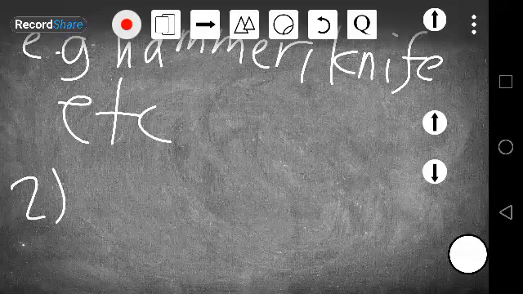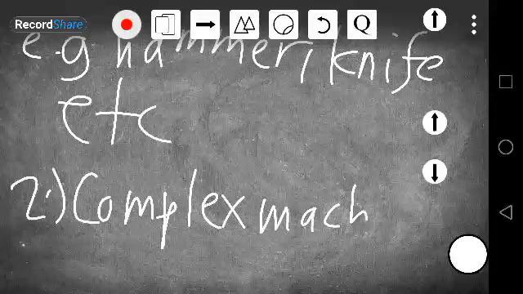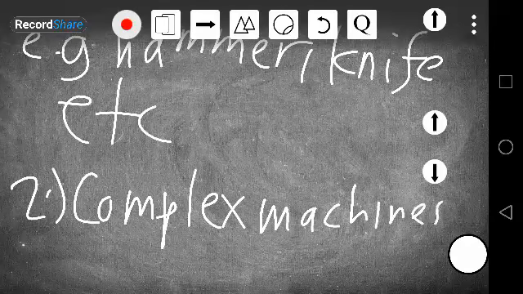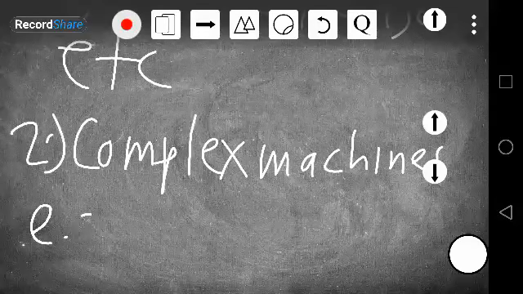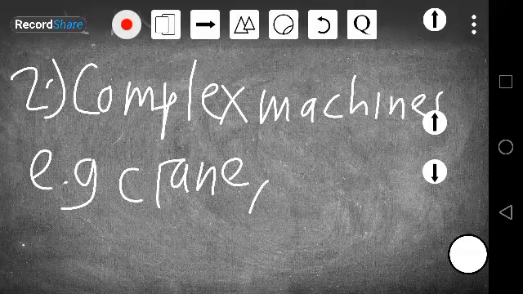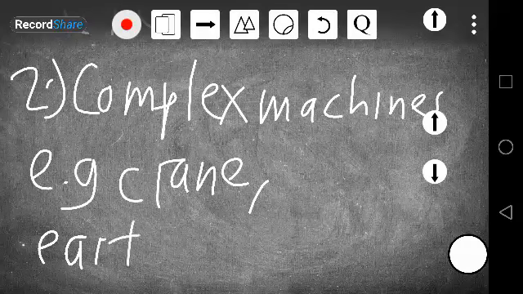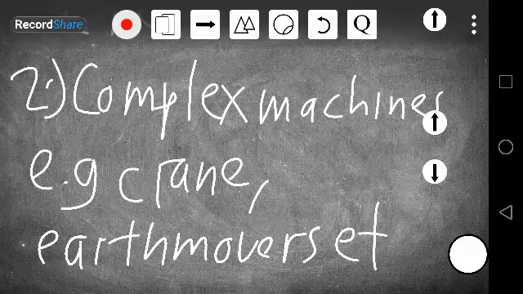We move to number two, we have complex machines. Complex machines are machines that are more complicated, e.g., crane, earth movers, etc. Okay? So these are the two types of machines that we have.